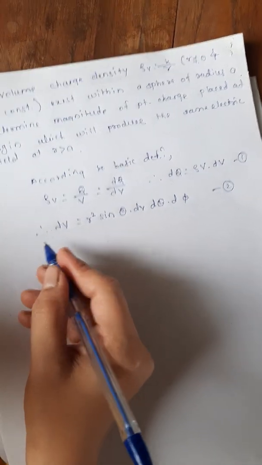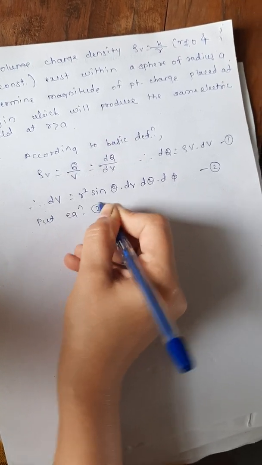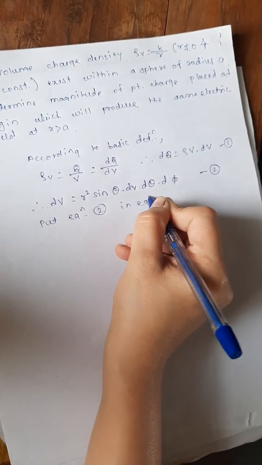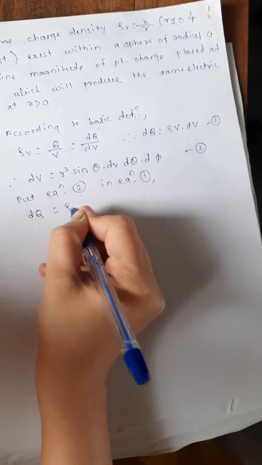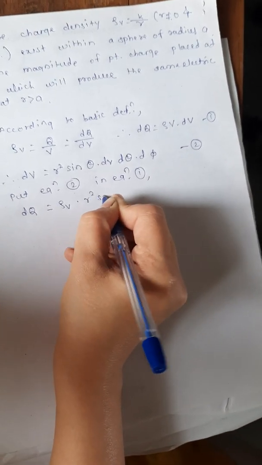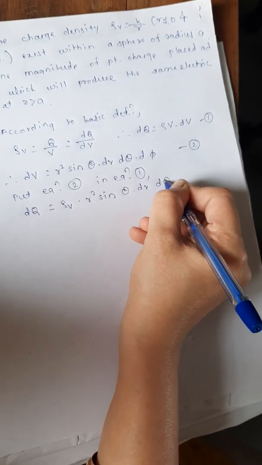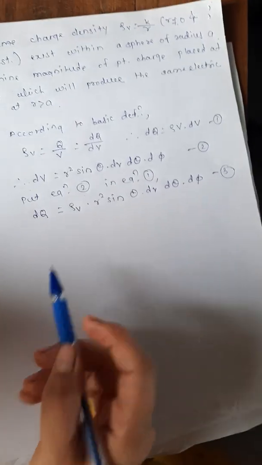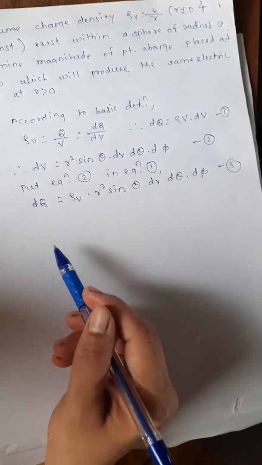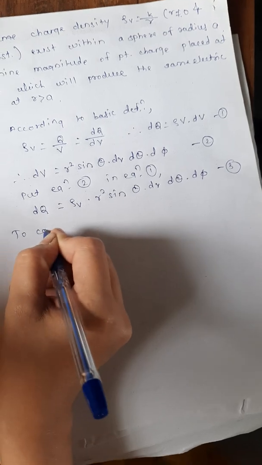Now we have to put equation 2 in equation 1. So dq is equal to rho v r square sin theta dr d theta d phi. This is equation number 3. Now to calculate q, we will integrate dq.